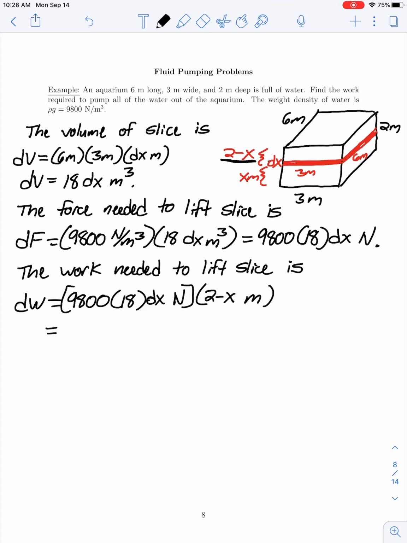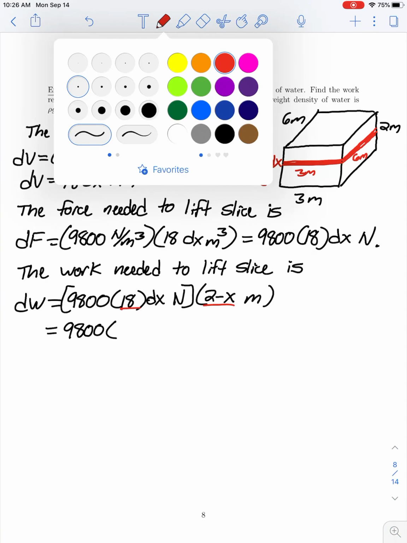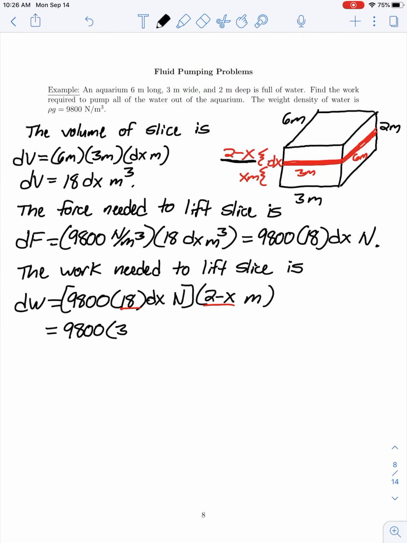So rewriting this just a bit, we have 9,800 times our 18 times the 2 minus x, which, if we distribute, would be 36 minus 18x. And then we have dx, where this is now measured in newton meters or joules.